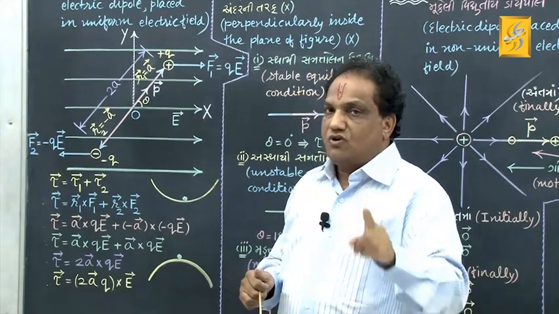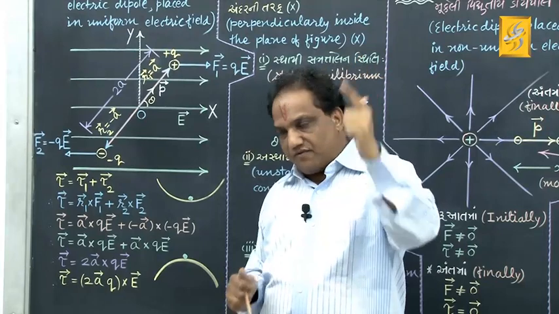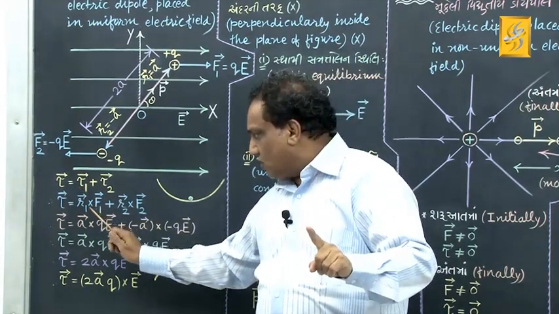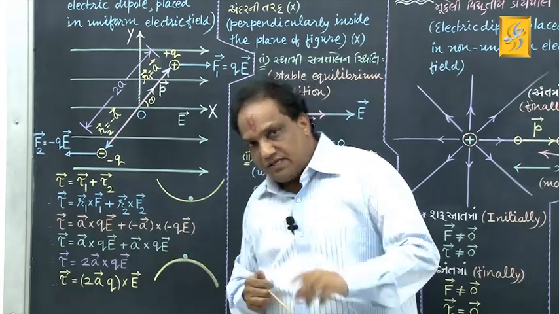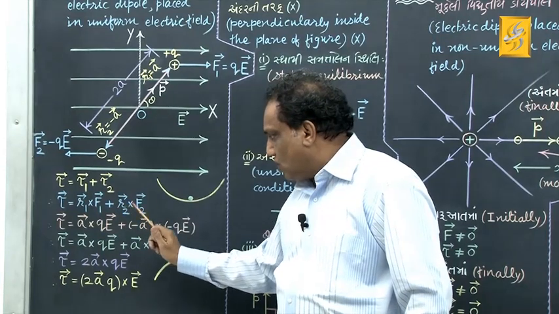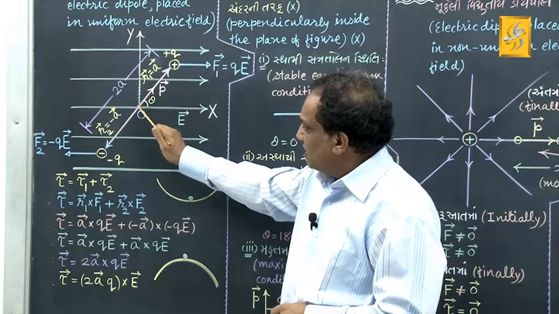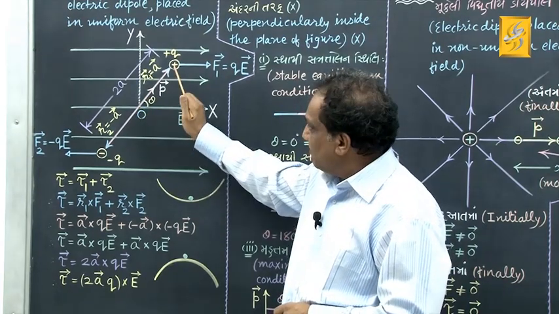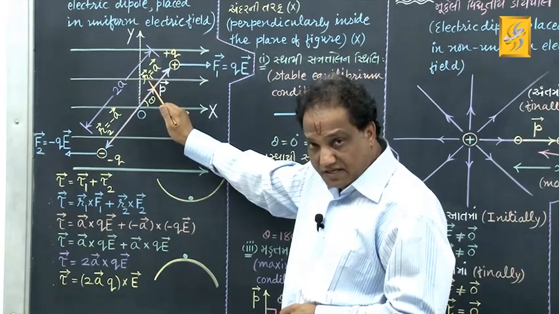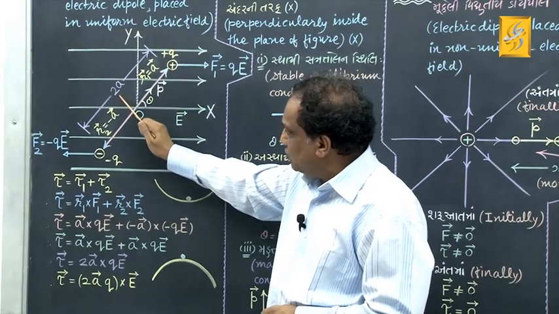and you have studied in 11th standard what is the formula for vector tau: vector r cross vector F. So for vector tau 1 you may write vector r1 cross vector F1, correct. Similarly for vector tau 2 it should be vector r2 cross vector F2, correct. Now with respect to the origin, the position vector of the first charge I just show by the symbol vector r1, and you know the distance between two charges in an electric dipole is 2a.